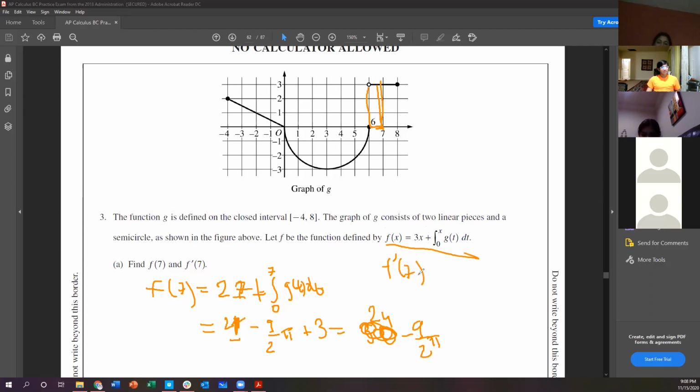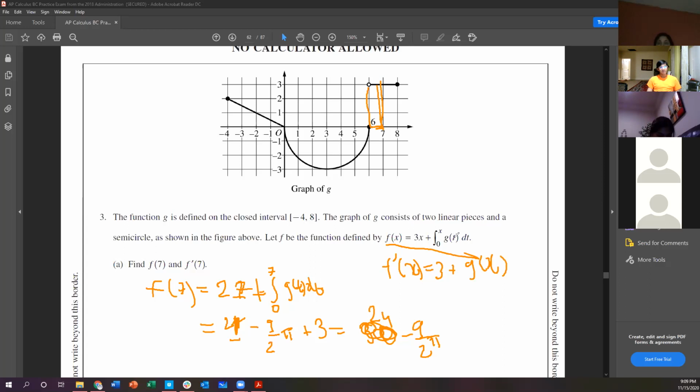So using our definition up here, if I have f of x and I differentiate both sides, what am I going to get? I'm going to get f prime of x equals 3 plus, if I differentiate this function with respect to x, I'm just going to get g of x, correct?